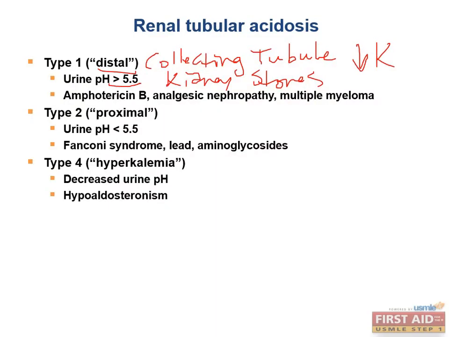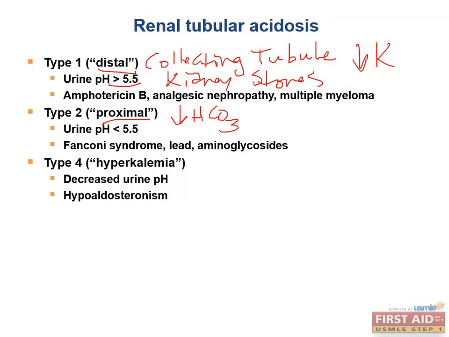Next, type 2, or proximal renal tubular acidosis, results from a defect in the proximal tubule's ability to reabsorb bicarb. So, blood bicarb concentration decreases and bicarb excretion increases.